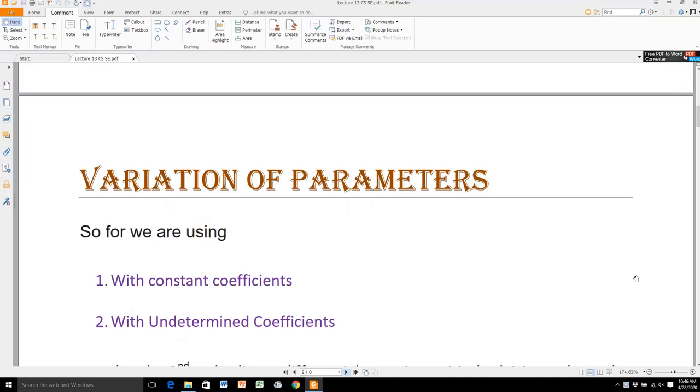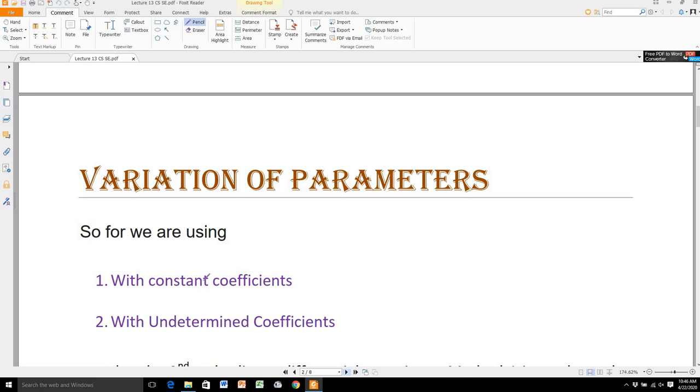Before defining its methodology, first of all I revise the previous methods that we have used so far. Number one is the method with constant coefficients, and number two is the method of undetermined coefficients.